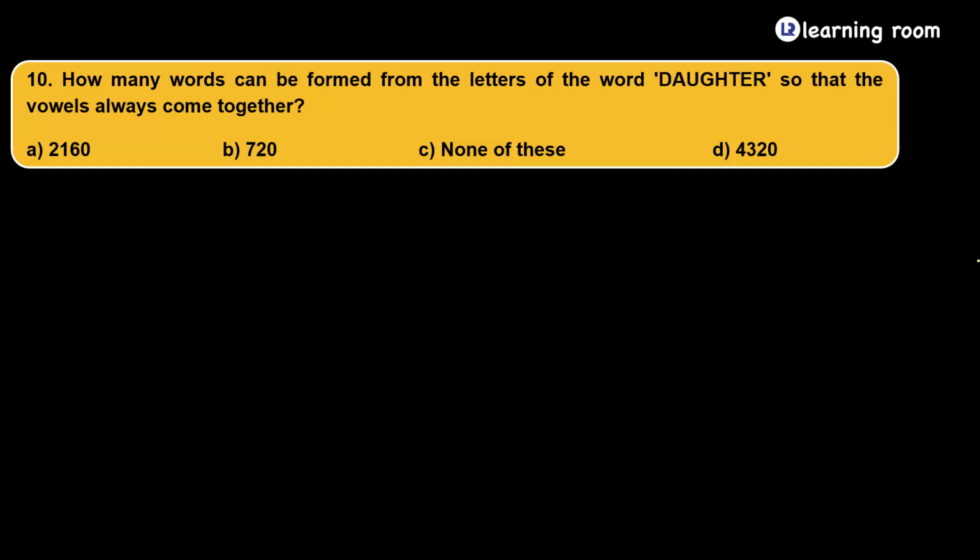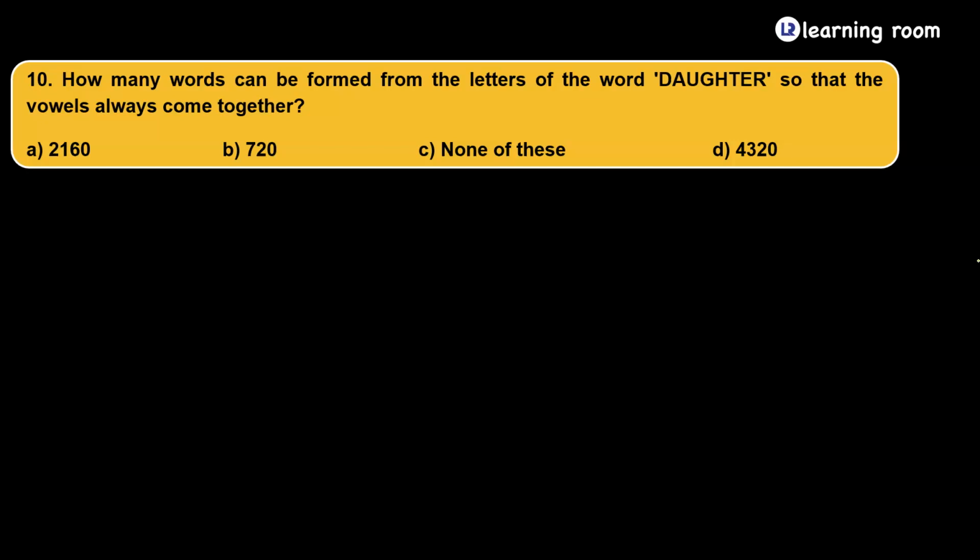So 5 consonants plus one set of all vowels put together will give you 6 objects. The 6 letters can be arranged among themselves in 6 factorial ways into the vowels can be arranged among themselves in 3 factorial. So 6 factorial is 720, 720 into 6.